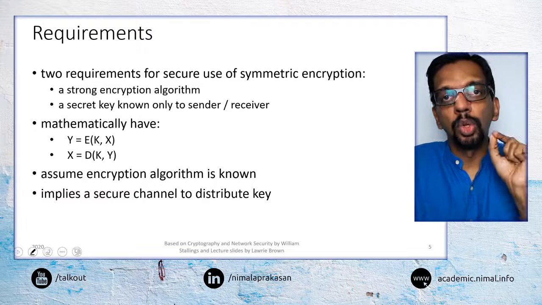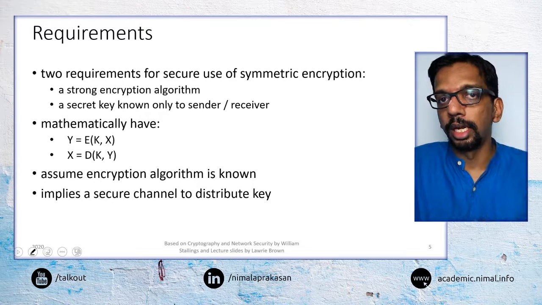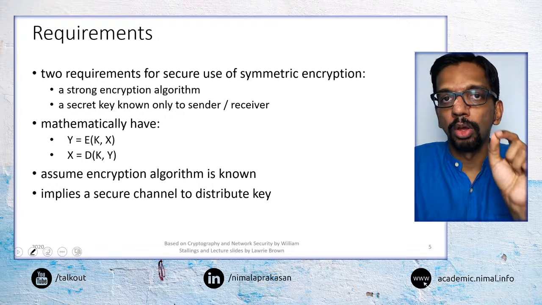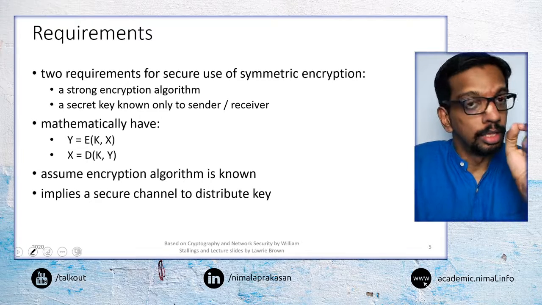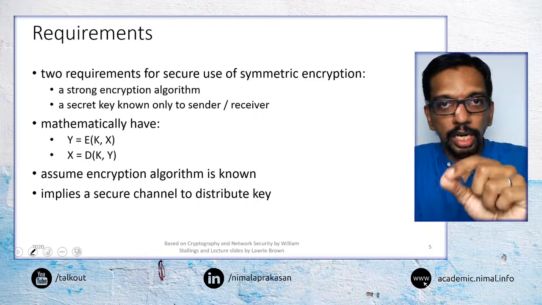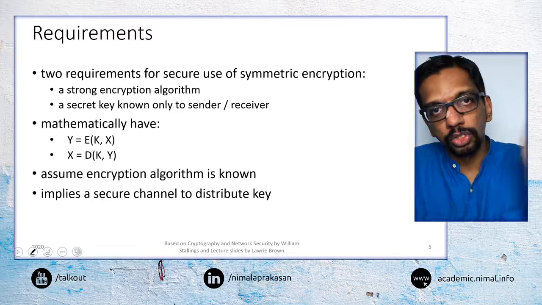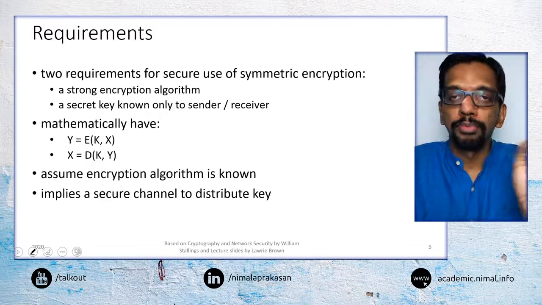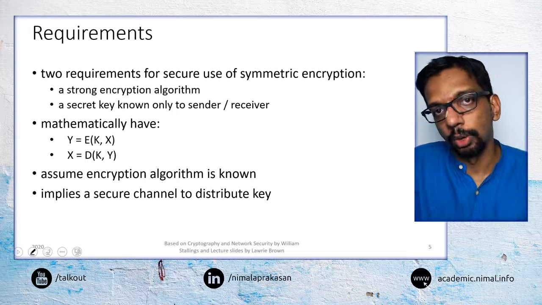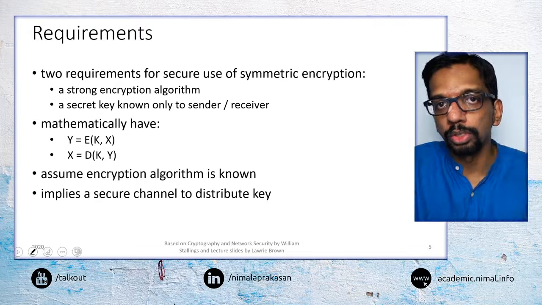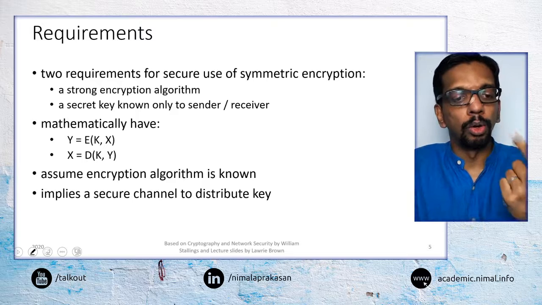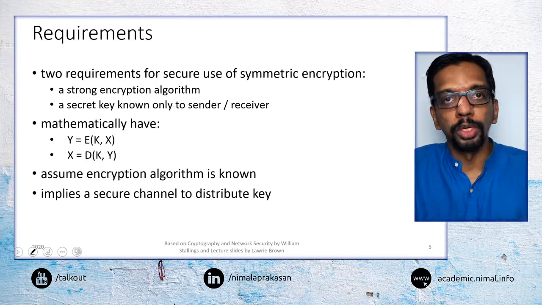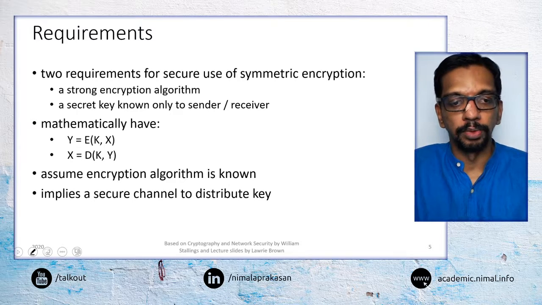If we know the key, then we can decrypt, so knowing the key should be limited to only the people who should know it. The algorithm is the one that is doing the conversion. If the algorithm is not strong enough, people can figure out what's happening and figure out the plain text. So both of those are important: a strong algorithm and also a secret key that is only known to the sender and the receiver.